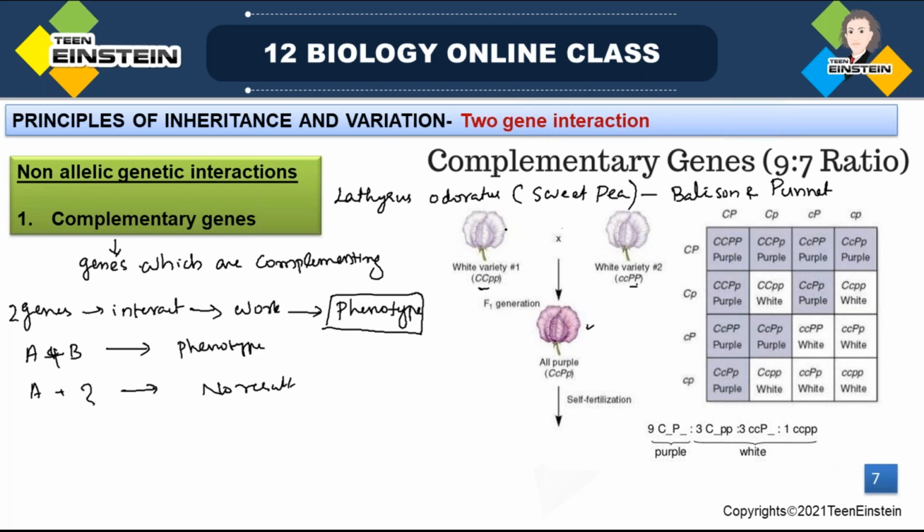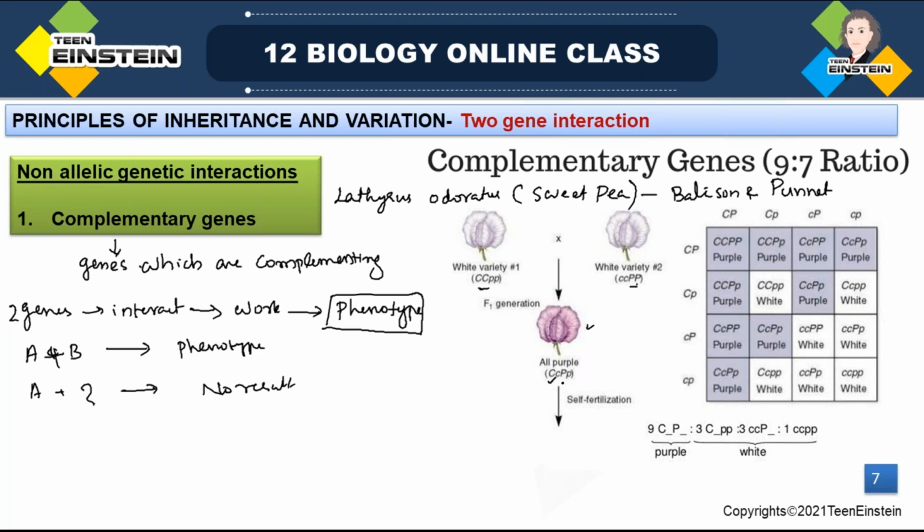Here in these white varieties, capital C, and the P gene is in recessive condition. The recessive allele is present here, so this forms white color. And here, the C gene recessive allele is present, but the P dominant allele is present. Then also it will form a white color flower. But when these are crossed together, both dominant alleles will come.